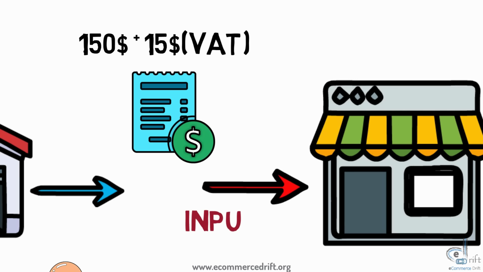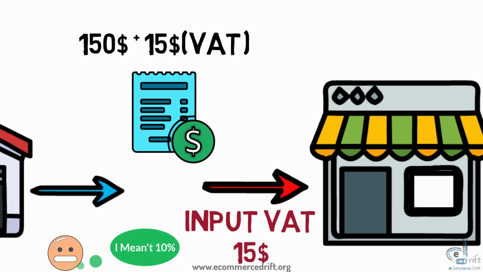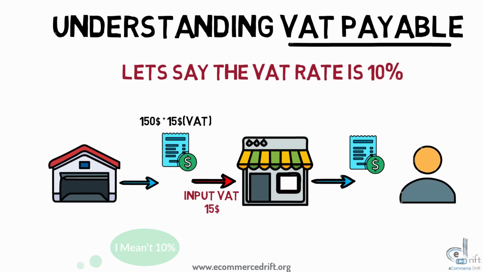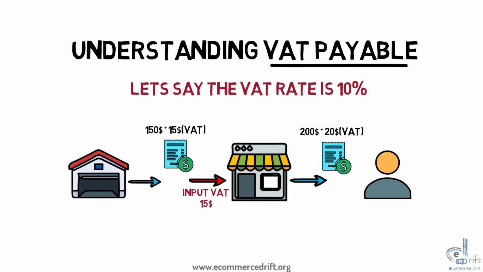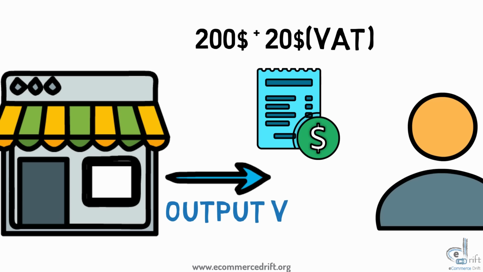That 10% that the retailer paid will be marked as input VAT for the retailer. Now, once the retailer sells that item, it's going to invoice the consumer or the customer with 10% of VAT on its selling price, which is $200. If you look at $200, 10% of $200 is $20. And that $20 will be marked as output VAT in terms of the retailer.